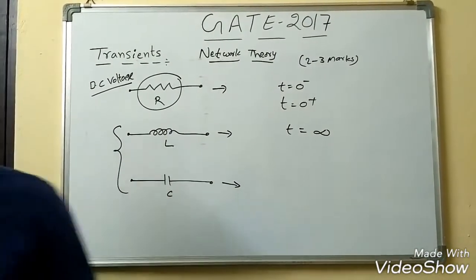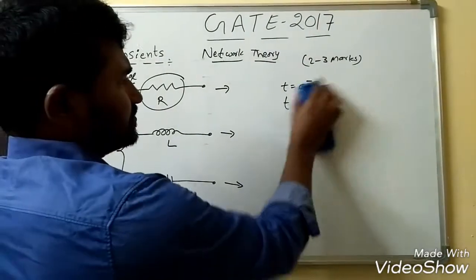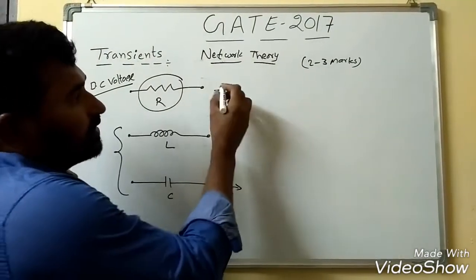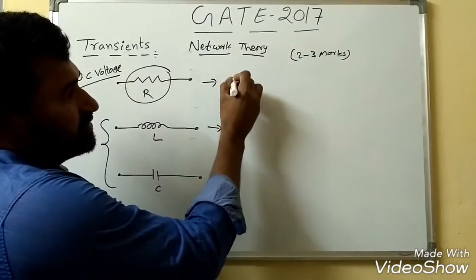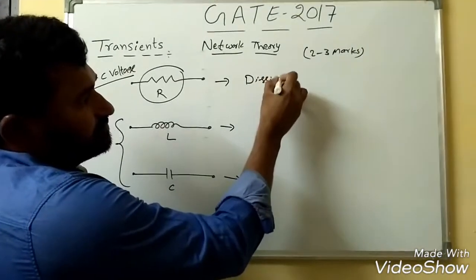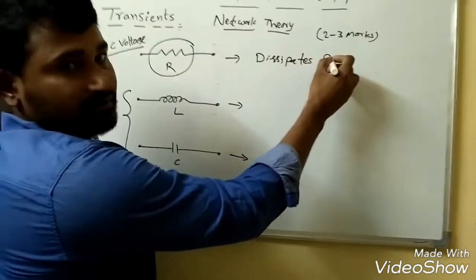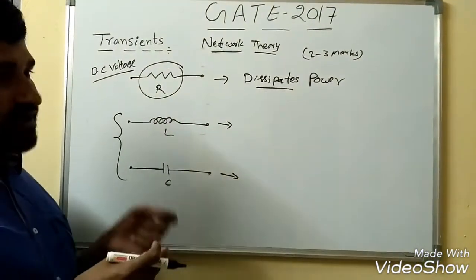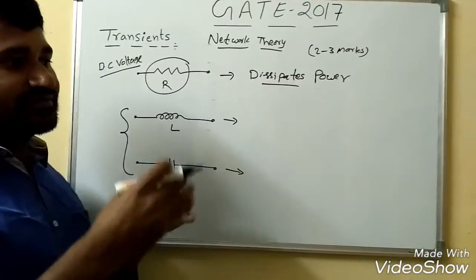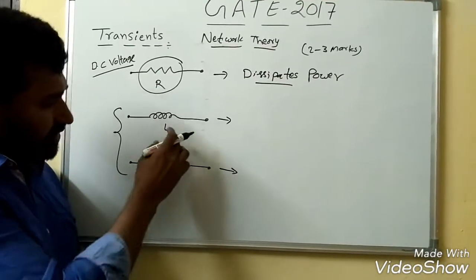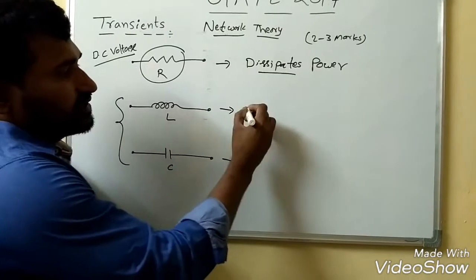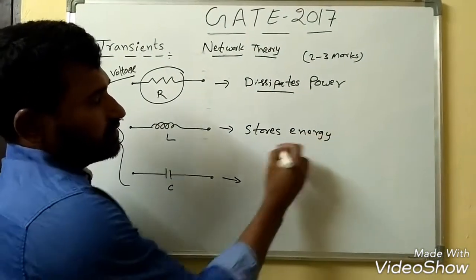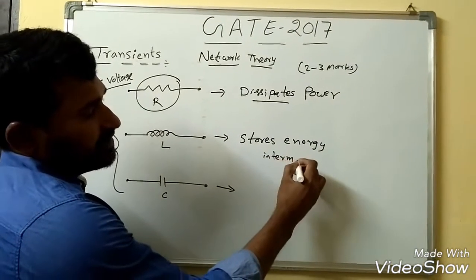Now we'll see how. Before that we need one more concept. The resistance always dissipates power. Whenever we give voltage or pass some current, it always dissipates the power. But in the case of inductor and capacitor, the inductor stores energy in terms of magnetic field.